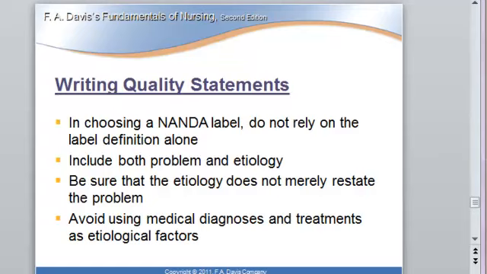And this will all make a little bit more sense after you read page 72 and towards the end of this chapter. But you choose a NANDA label and you include both the problem and the etiology. Be sure that the etiology does not merely restate the problem, and you avoid using any kind of medical diagnosis and treatment as etiological factors. It gives you an example of this on page 72.